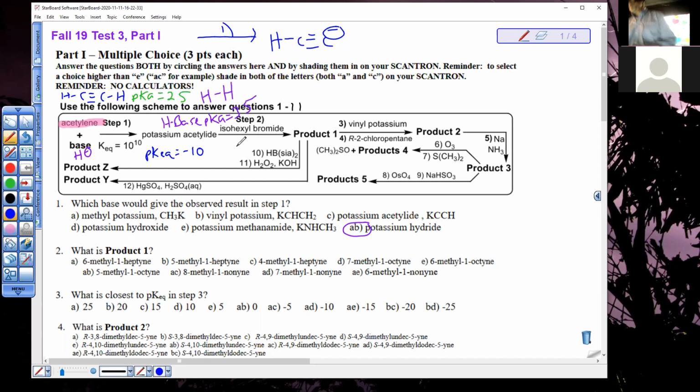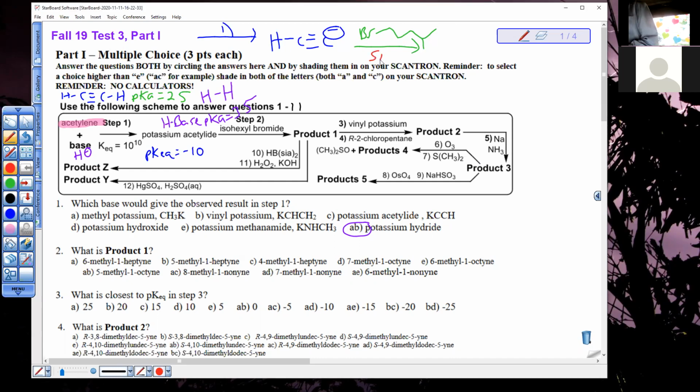We're going to react it with isohexyl bromide. So it's going to react with bromine attached to a 5-carbon chain, 1, 2, 3, 4, 5, and a V on the end. And we're going to get a SN2 reaction. That's our synthesis reaction.